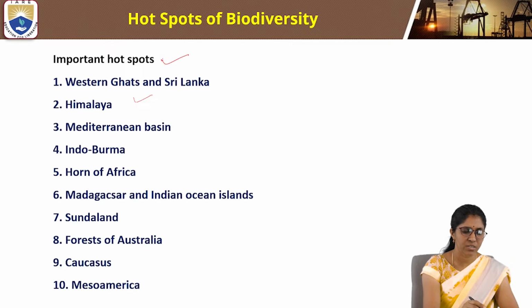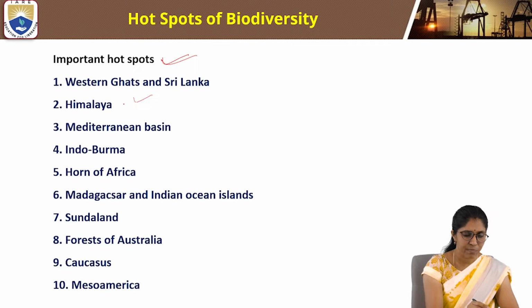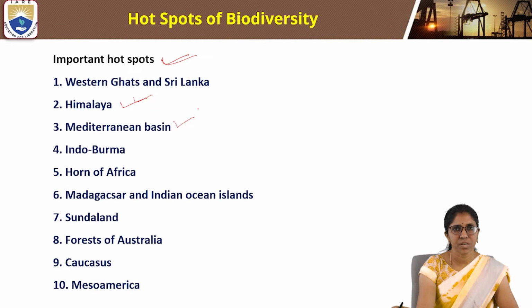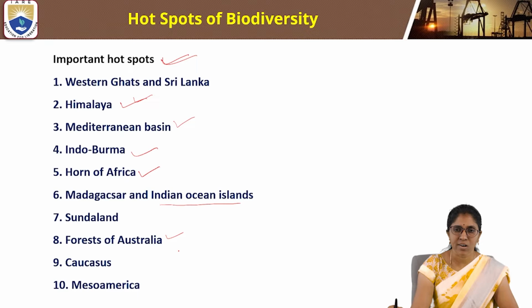Some important hotspots are the Western Ghats and Sri Lanka, Himalaya, Mediterranean Basin, Indo-Burma, Horn of Africa, Madagascar and Indian Ocean Islands, Sundaland and forests of Australia, Caucasus and Mesoamerica.